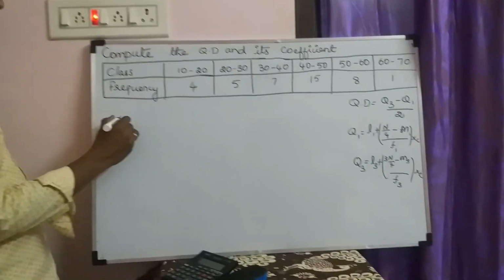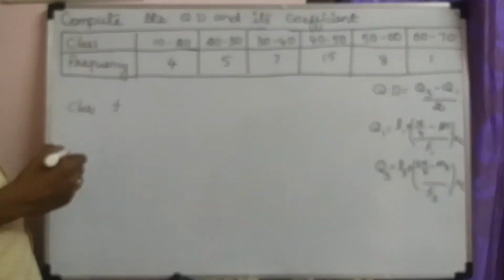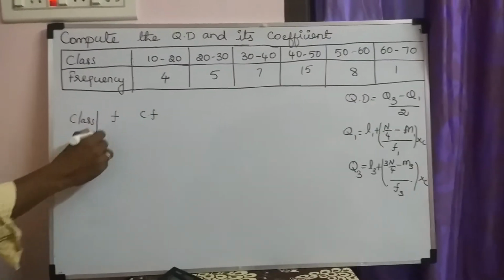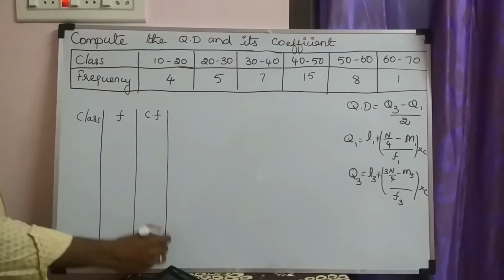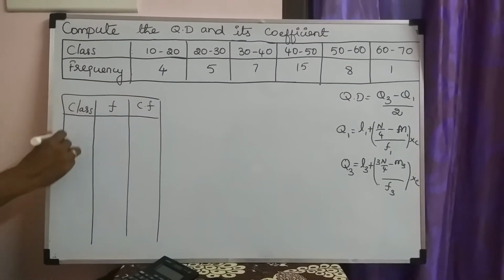Here the solution is class, right, as it is. Frequency we assign F, and CF is nothing but cumulative frequency. So these are the three tabular columns we need to calculate the QD.